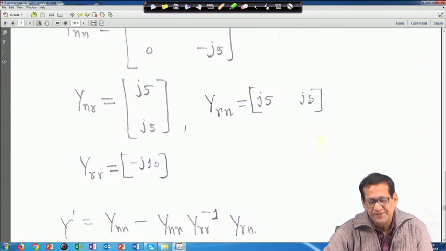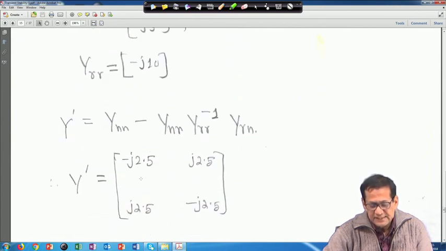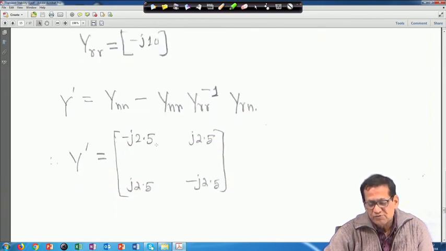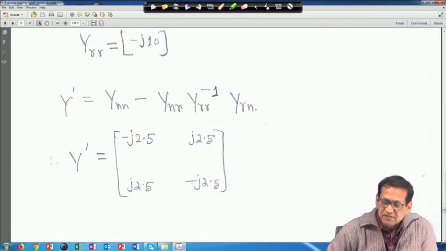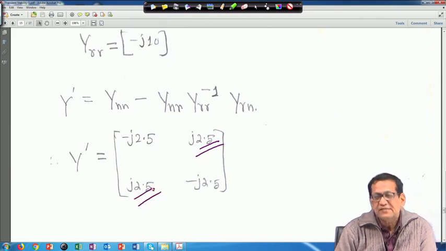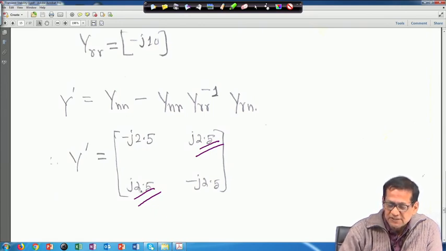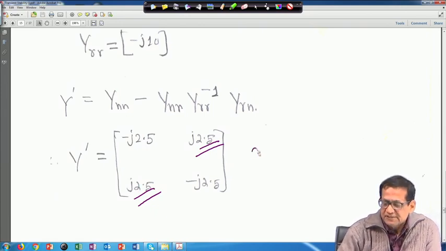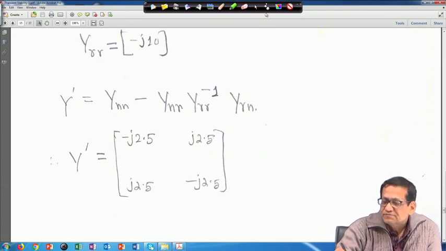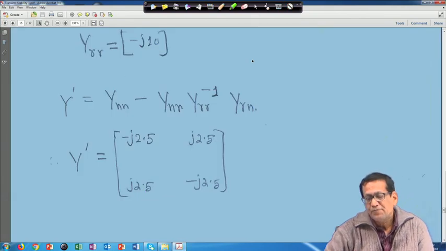If we substitute all these things here, Y dash will be minus j2.5, j2.5, j2.5, minus j2.5. This matrix is generally a symmetric matrix for a 3 phase fault, because Y12 is equal to Y21. It is simply a 2 into 2 matrix. So this is your pre-fault matrix.